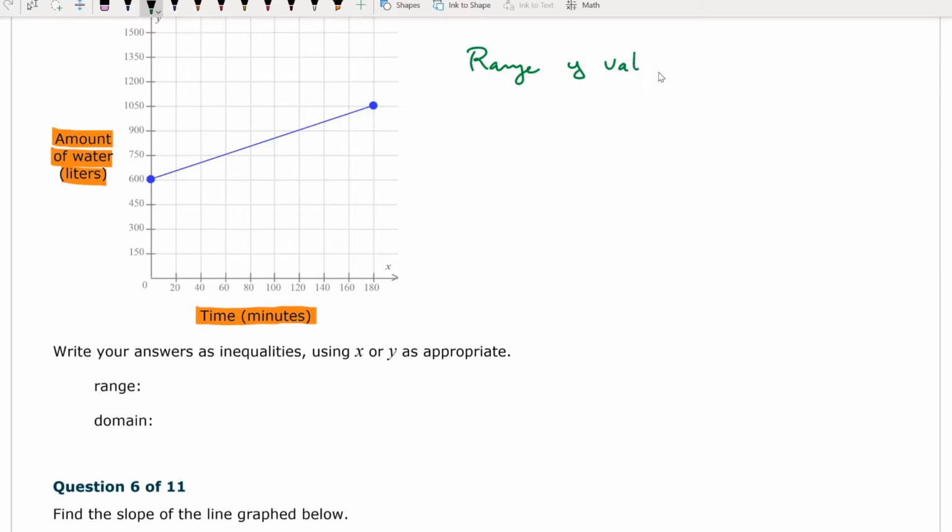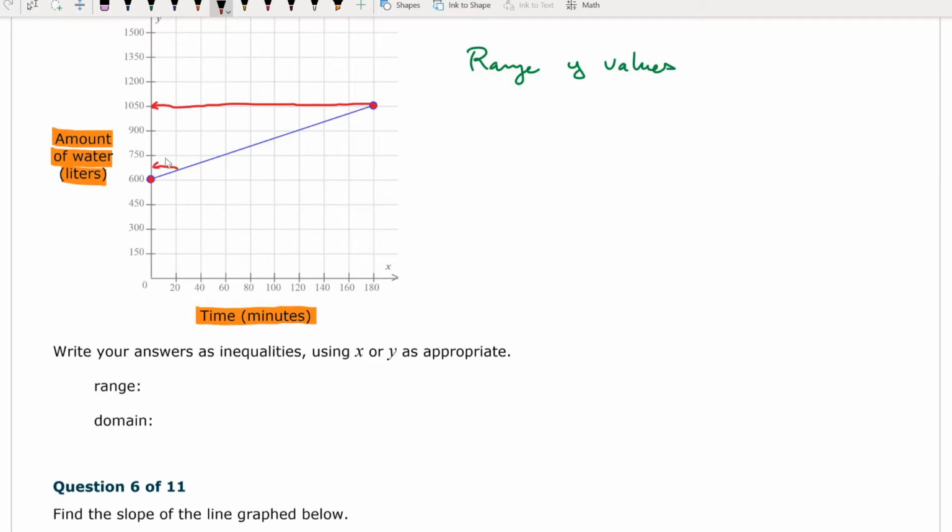Range is y values. So look at the blue graph. You will see that the y value begins at 600 on the y-axis, and then the farthest point away has the y value 1050. So any number between this is our range.